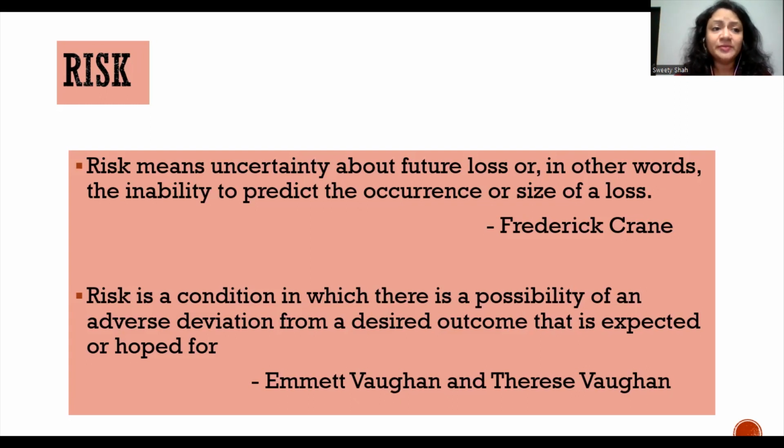This risk can be classified as pure risk or speculative risk. One more definition, given by Emmett and Therese Vaughan, says that risk is a condition in which there is a possibility of an adverse deviation from a desired outcome that is expected or hoped for.